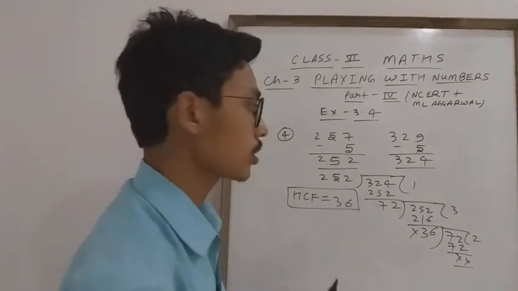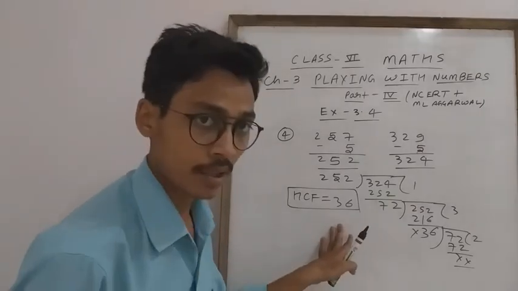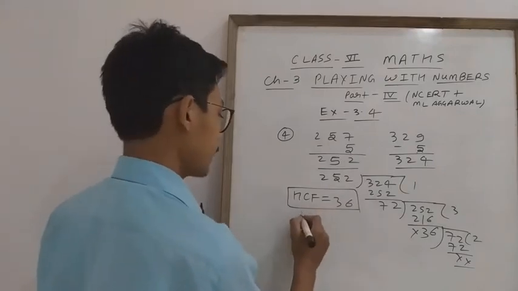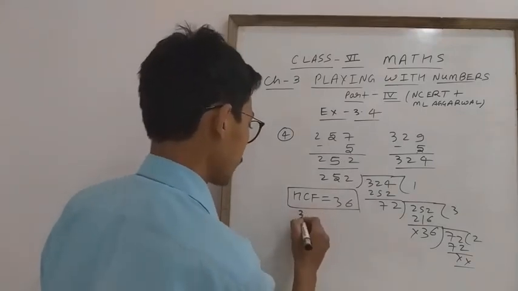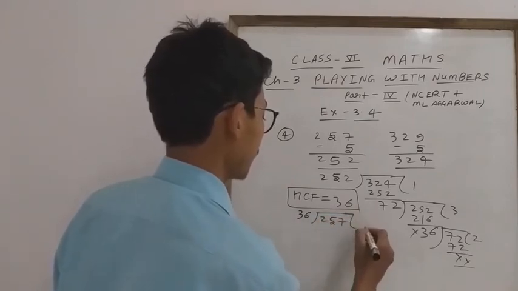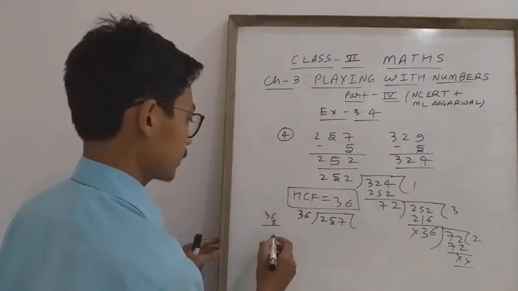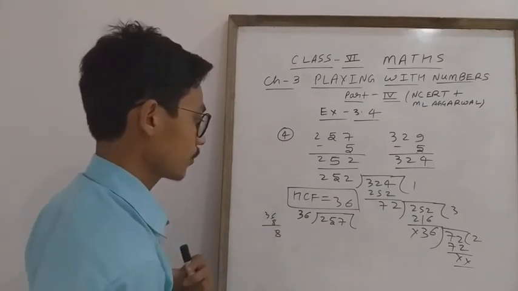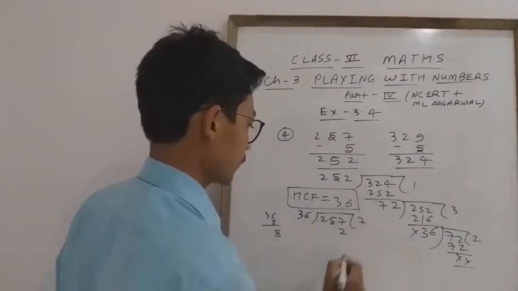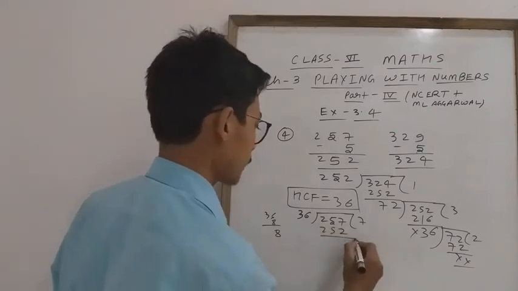Now you can also check. You have to find the highest number which divides 257 and 329 and leaves remainder 5. So now divide 257 by 36. How many times will it come? 7 times. 7 6 are 42, 7 3 are 21, 21 plus 4, 25. 7 minus 2, 5.